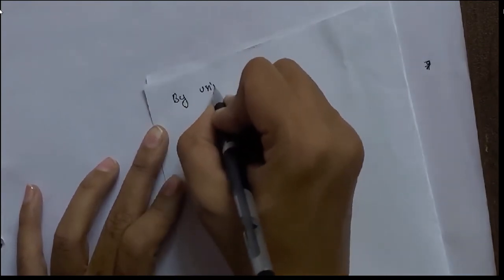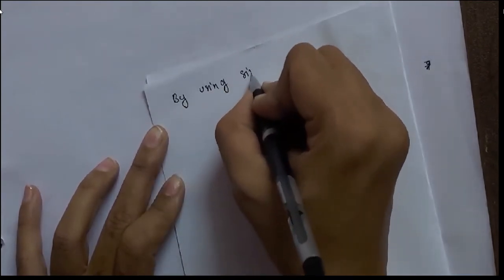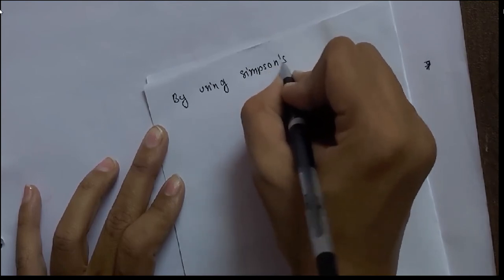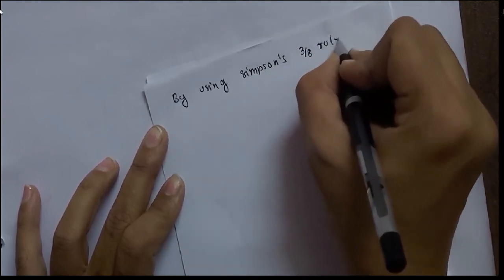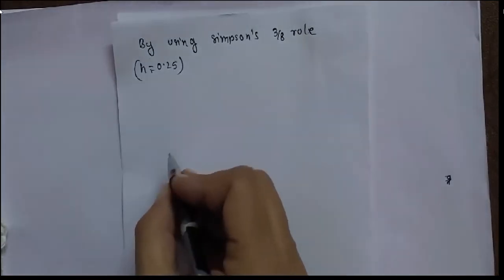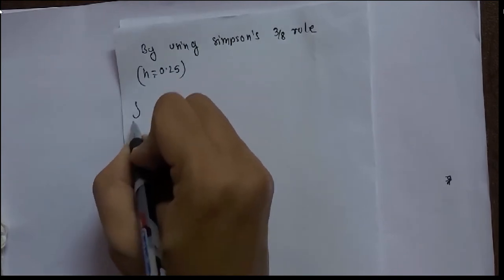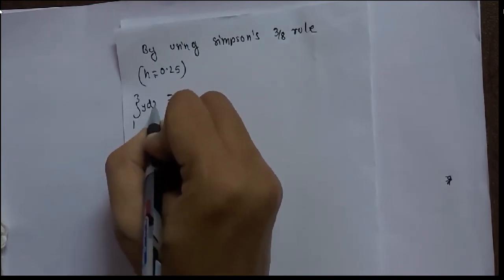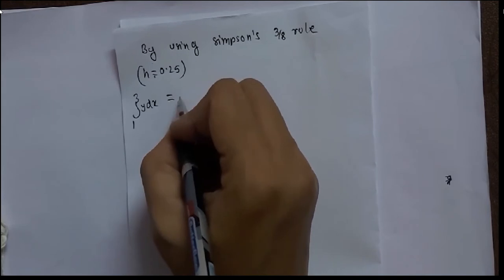By using Simpson's 3/8 rule, here h is equal to 0.25, we will write integral 1 to 3 y of dx. We divided it into 8 strips.